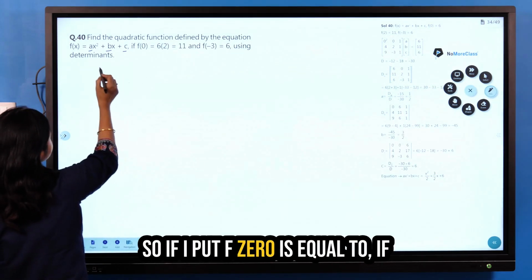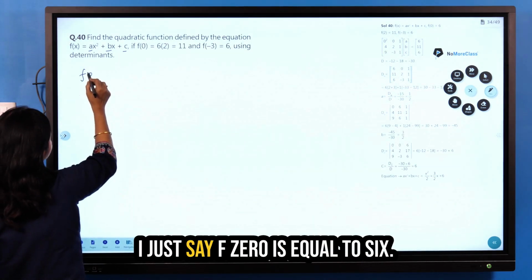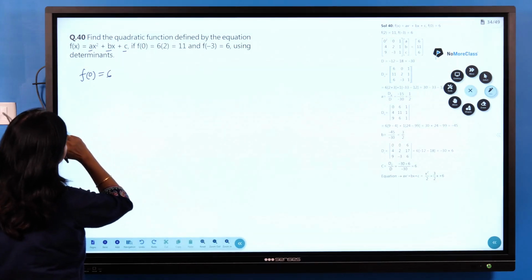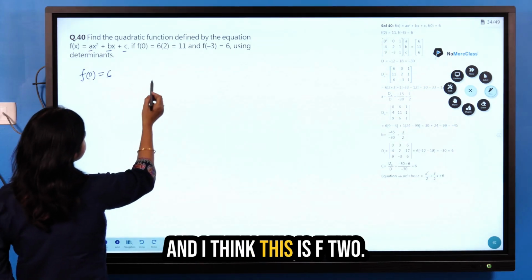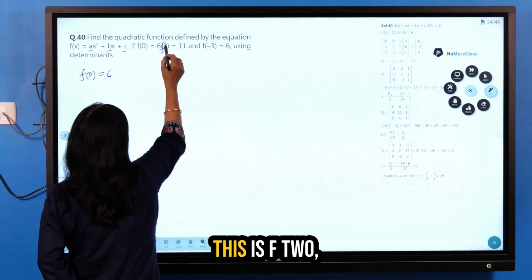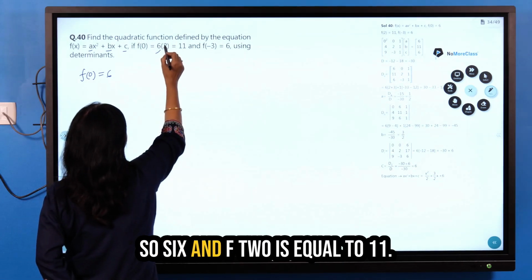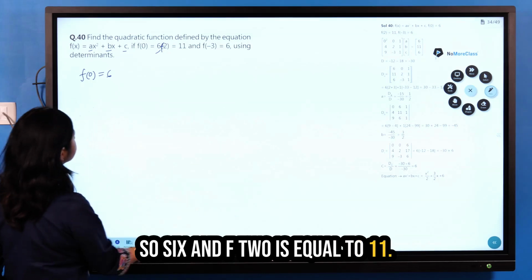If I say f(0) is equal to 6, and f(2) is equal to 11.